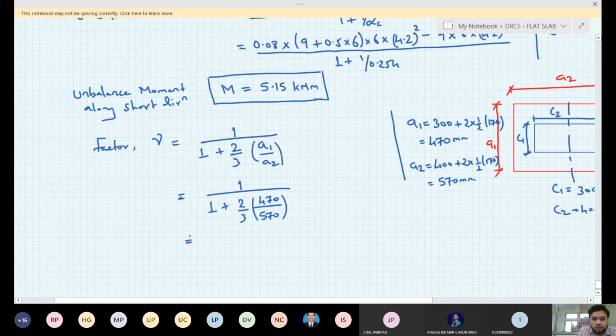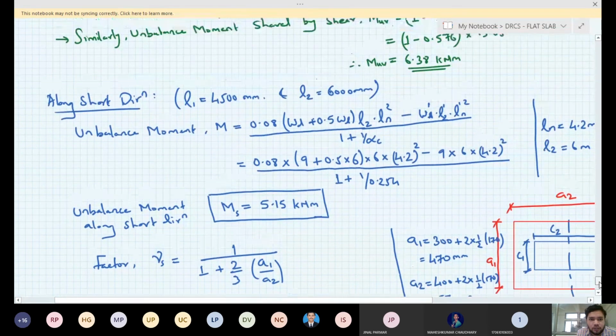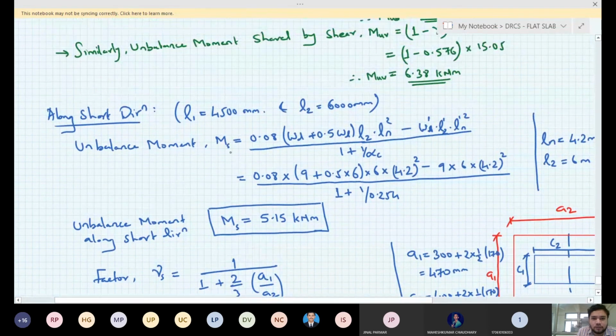So how much is this value? See, this is along the short direction. You can substitute S for the short and L for the long. So we write this as MUS, the unbalanced moment along the short direction.